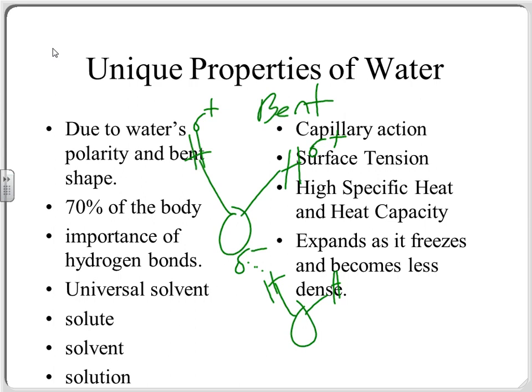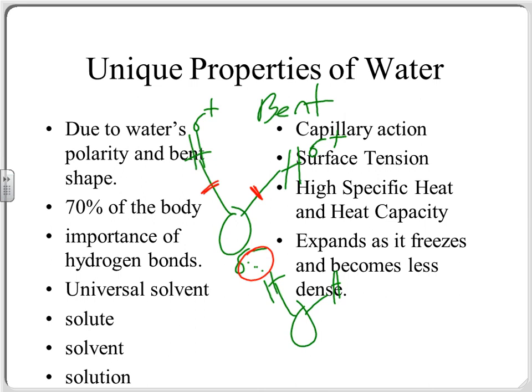What prefix means between? Inter. So sometimes we'll call a hydrogen bond an intermolecular force because it's between molecules, right? It's a force between molecules. Compared to this covalent bond, right in here, is this hydrogen bond stronger or weaker than that covalent bond? Way weaker.